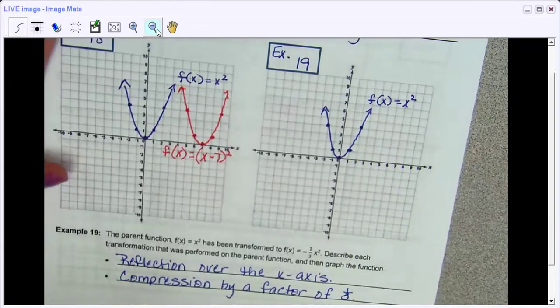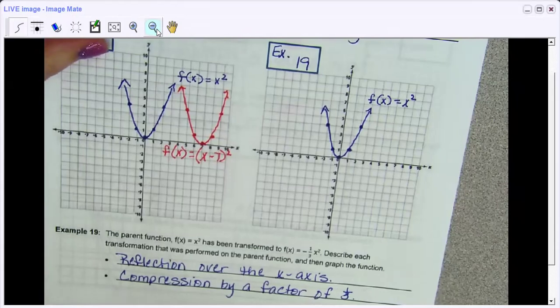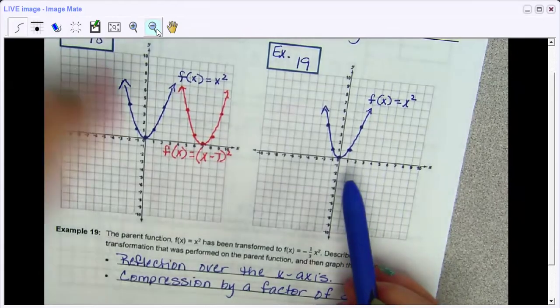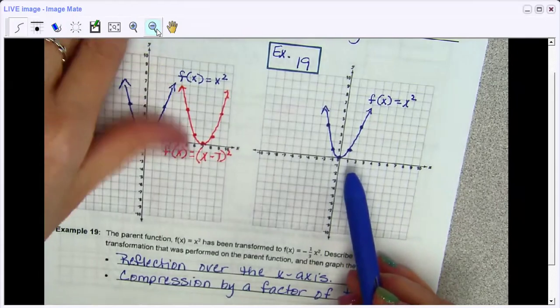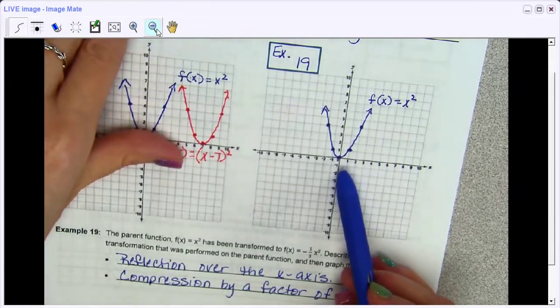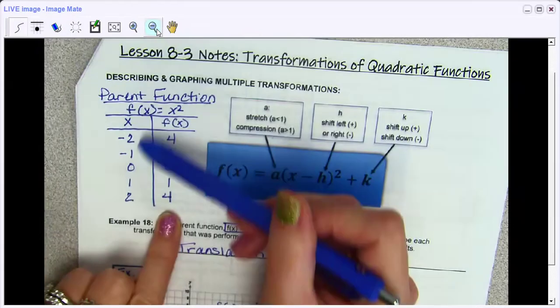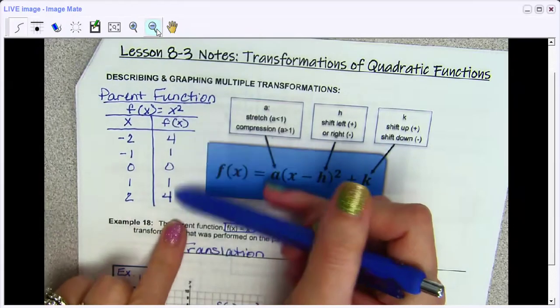Now we're going to reflect over the x-axis. And all that means is that all of your y's are opposite. So your x values stay the same, but your y values become negative.